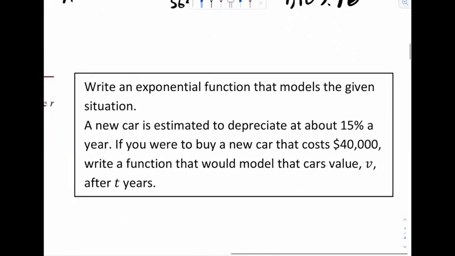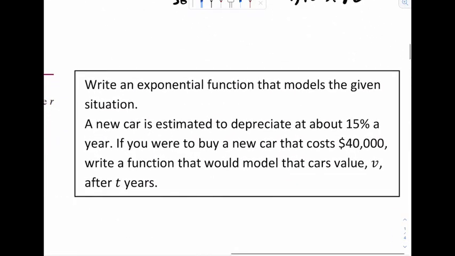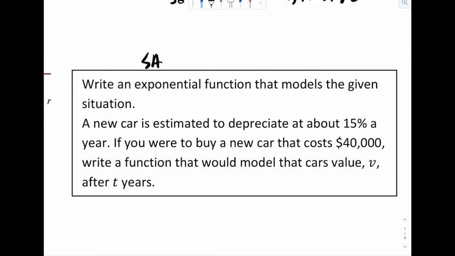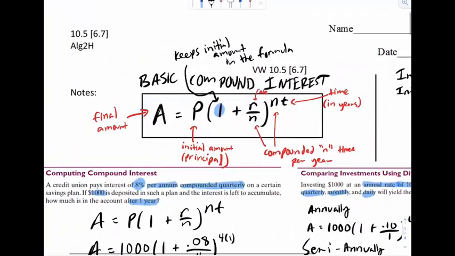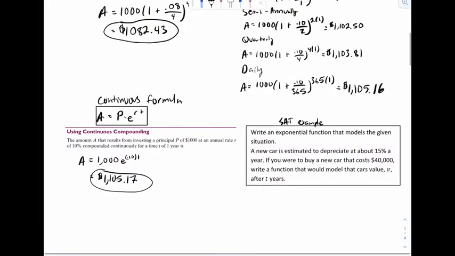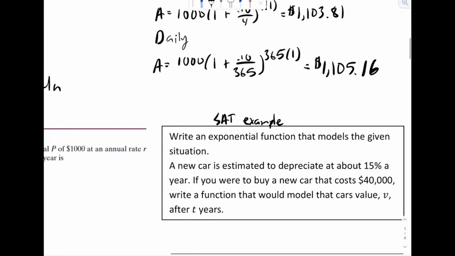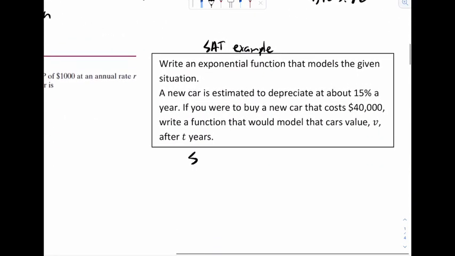Okay, now the last example is going to be kind of like an SAT kind of problem. So this is an SAT example. The SAT doesn't use the basic compound interest formula right here. It uses an even simpler formula. The SAT uses this right here.